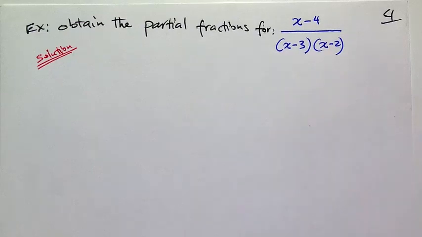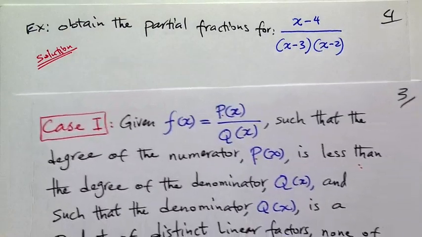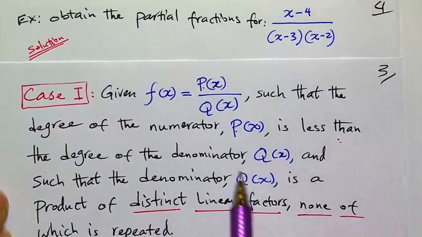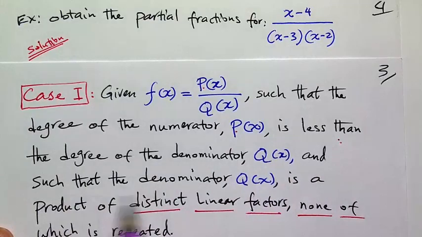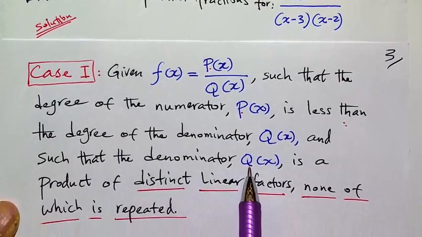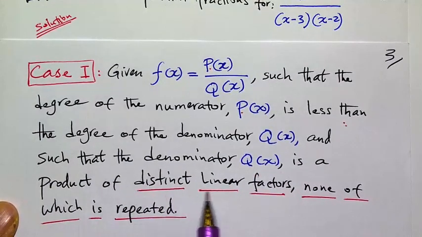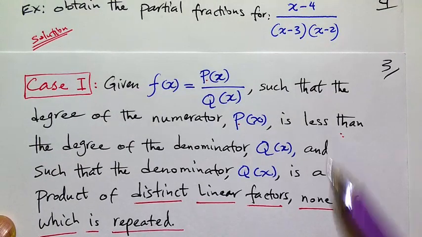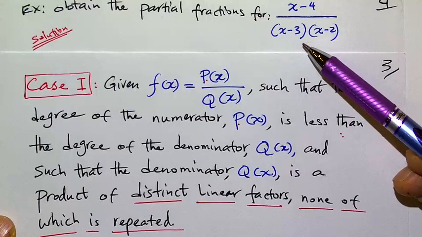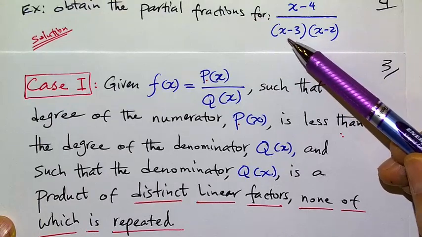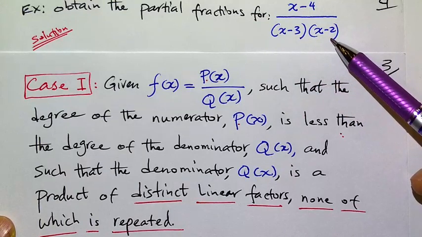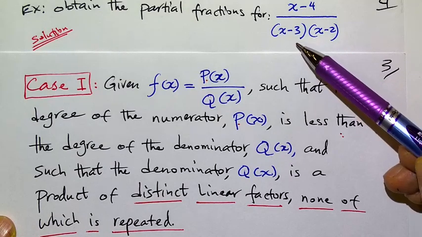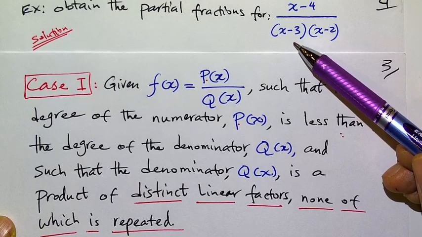This is what we mean by the denominator q of x being a product of distinct linear factors, none of which is repeated. So look at the denominators. You have linear factors, right? x minus 3, x minus 2, and neither one of which is repeated. So you might be wondering, well, what does it mean if they were repeated?